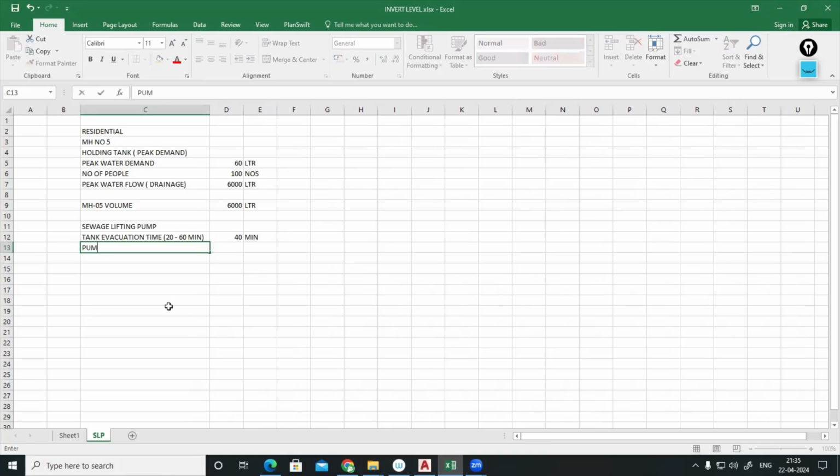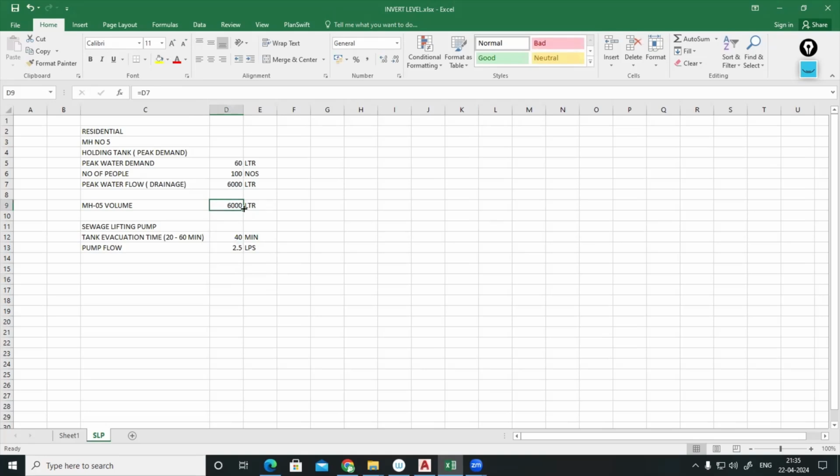Pump flow rate is the volume of tank to be evacuated divided by tank evacuation time. When you do this calculation, you will get the value in liters per minute; divided by 60, you will get it in liters per second. Based on that, you can find the thumb rule.